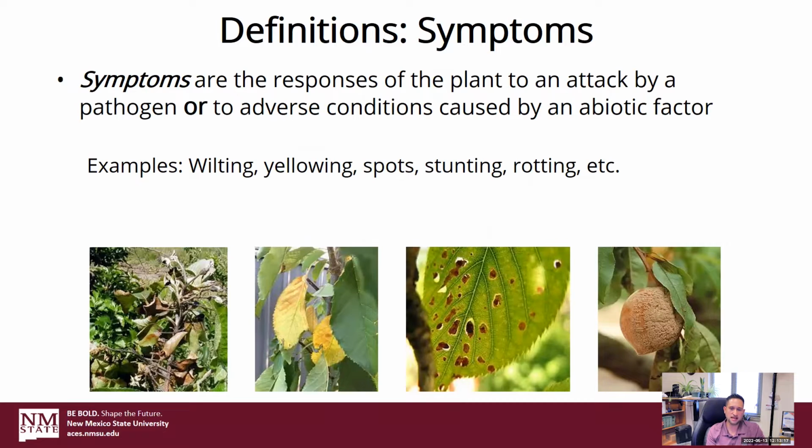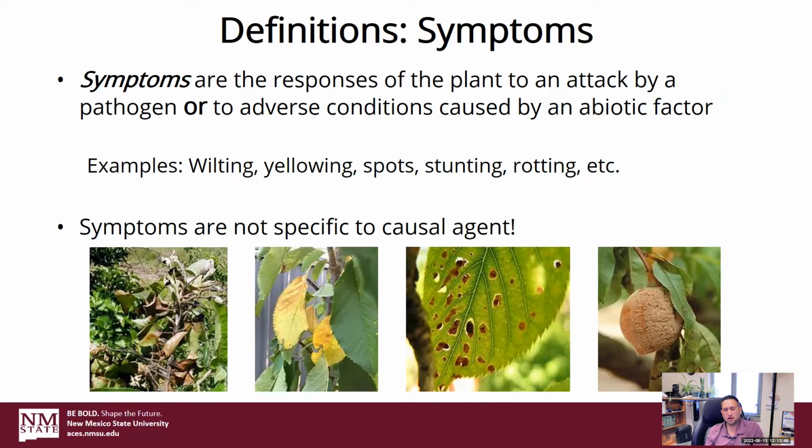Some examples are wilting, so just not getting enough water, not holding turgor, the leaves start drooping. You can get yellowing of leaves, leaf spots, and stunting, where the tree or plant is just not growing as well as it should. You can get fruit rot, even root rot. So all of those are symptoms.